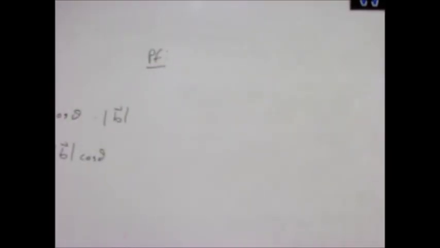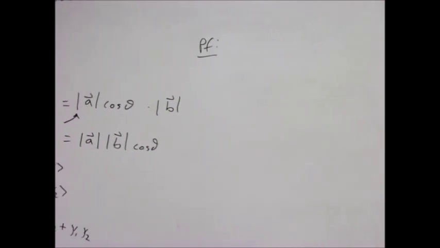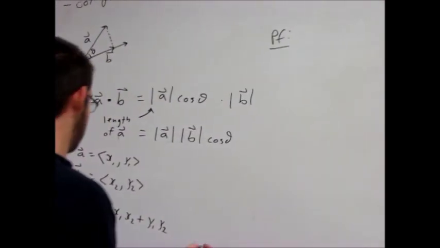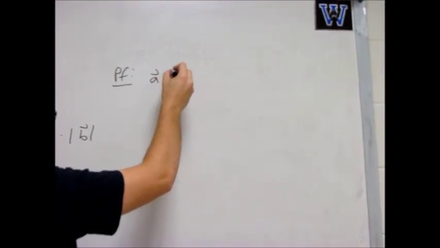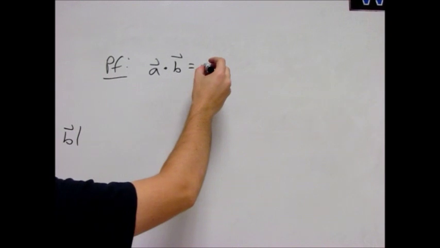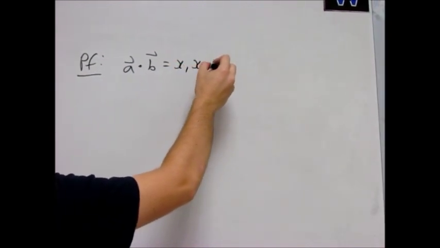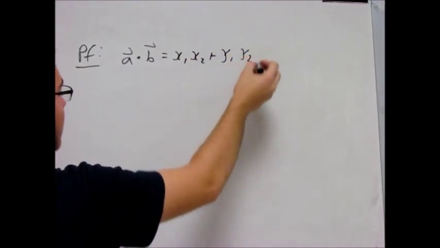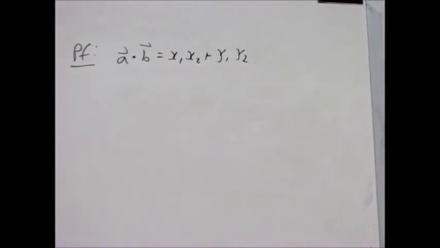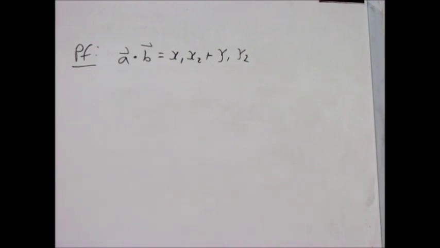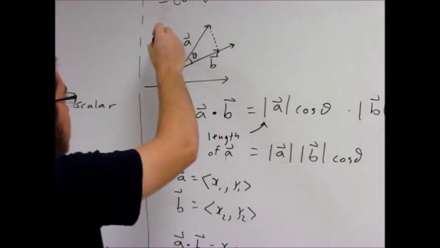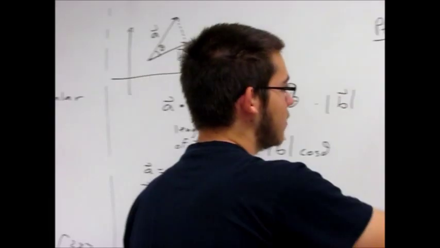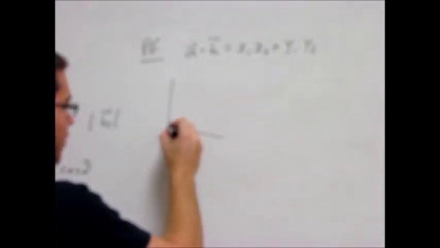Okay, so if we start with this definition over here. So A dot B is x1, x2 plus y1, y2. We can find that, well, first let's express A and B. Draw the x and y axes. Actually, let me redraw it over here.